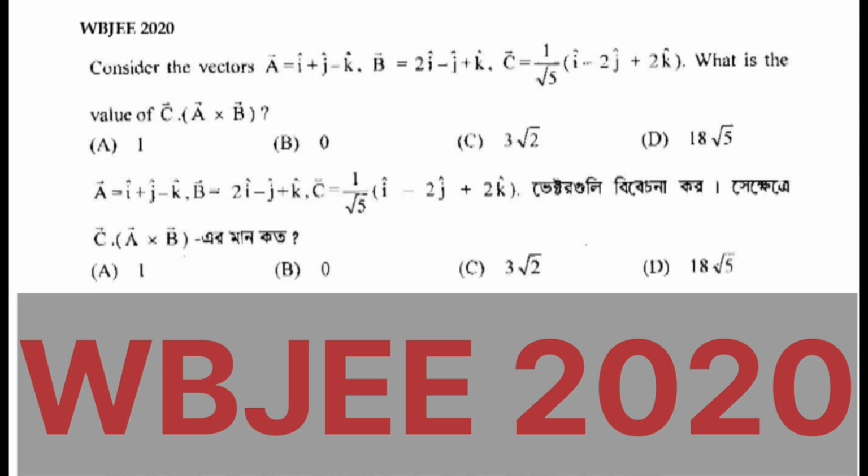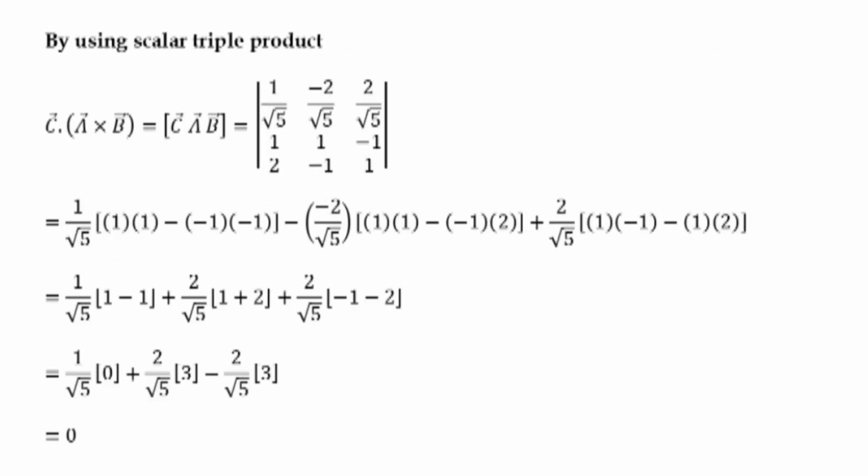So rather than doing it with the conventional method, we will go with the scalar triple product method. In it, C dot A cross B can be calculated directly by using a determinant, as you can see on the screen. Here we have expanded the determinant by using the first row.